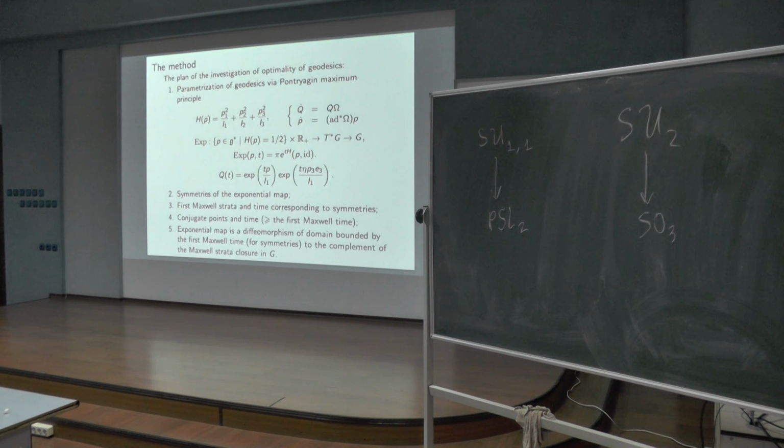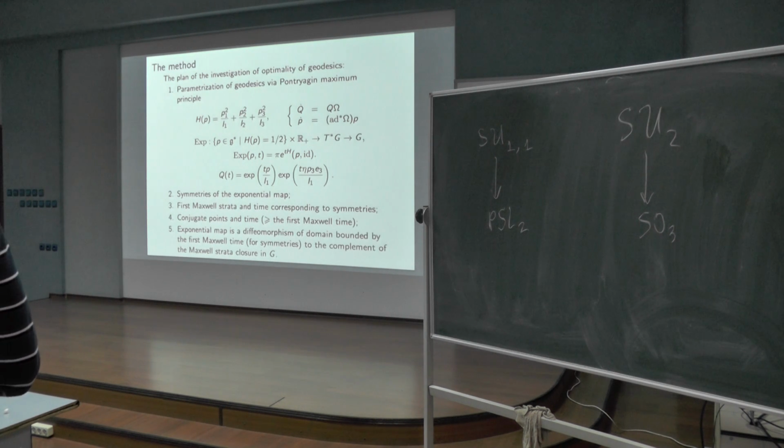In the case of SO3, these exponents give us trigonometric functions, and in the case of PSL2, the first exponent gives us trigonometric or hyperbolic functions, and the second gives us trigonometric functions. So the formulas of parameterization are 2-degree polynomials of hyperbolic or trigonometric functions.